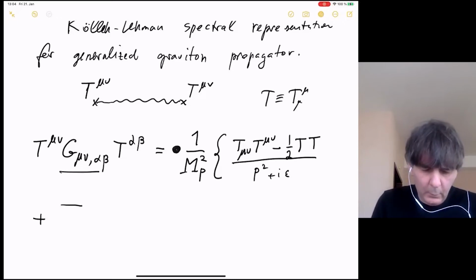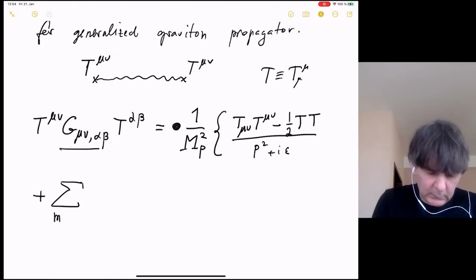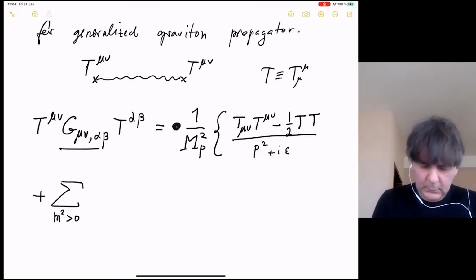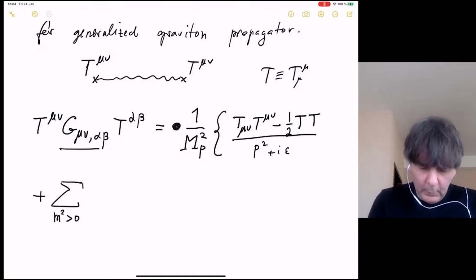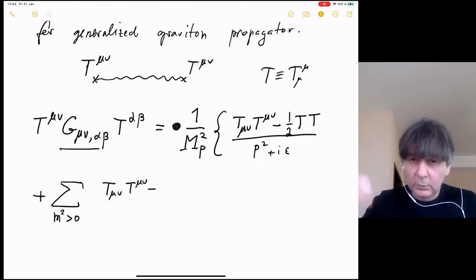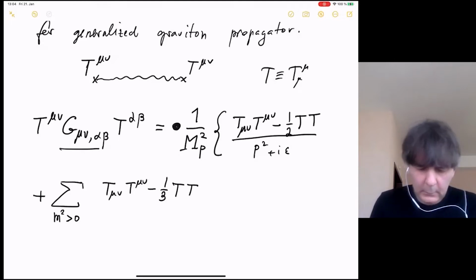And then there is a sum over massive spin 2 exchanges, so this is m squared larger than 0. The sum could be a continuum or a discretum. And they have a tensorial structure which is discontinuously different, because instead of 1/2, we have 1/3 there.